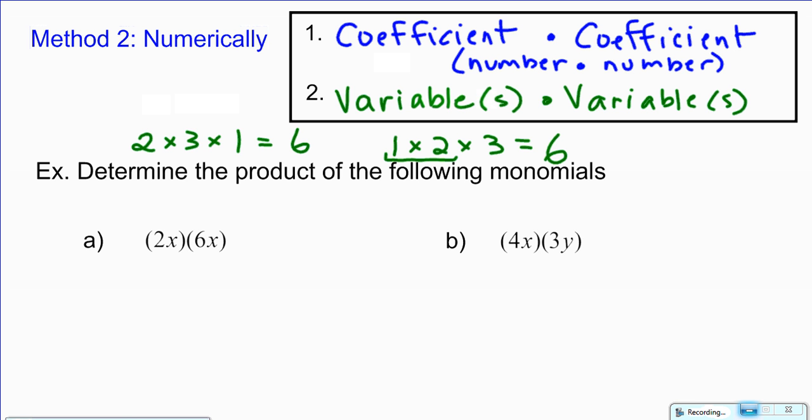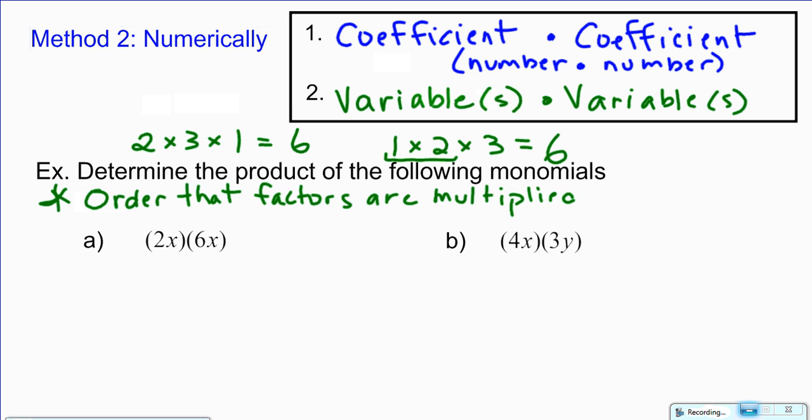It does not impact our solution. You might want to write that down: the order that factors are multiplied does not impact the solution.